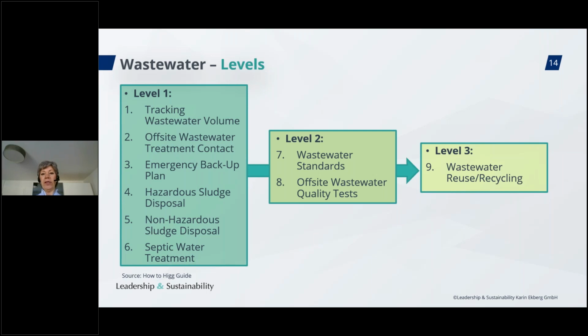So for the wastewater section, sometimes it may even be more challenging to move from level 1 to levels 2 and 3. As you remember, and those of you who have already been working with Higg FEM have already seen, you always need to respond to the level 1 questions with yes or partial yes, and only then can you move on to levels 2 and 3.